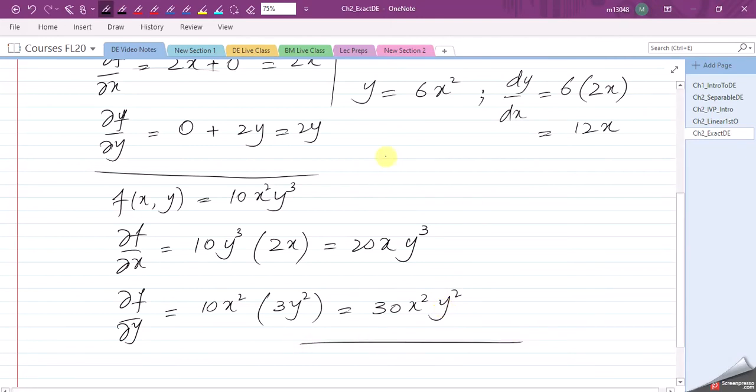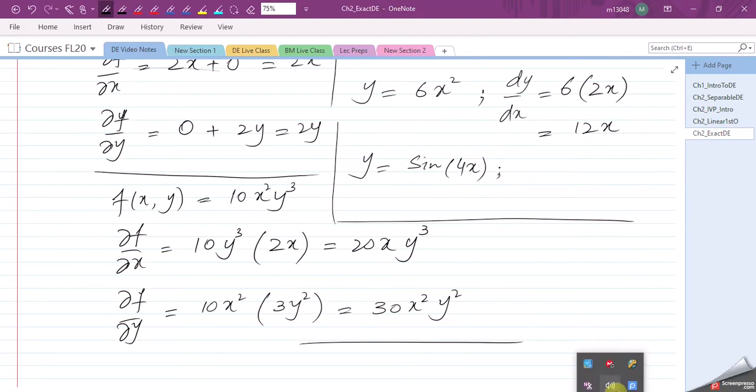Okay. Let's take one more example in the ordinary derivative cases. y equals sine of 4x. What is dy by dx?